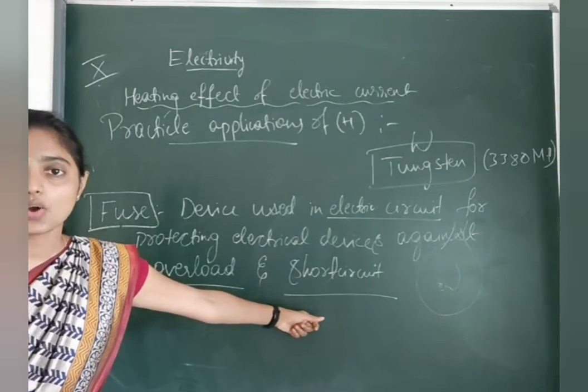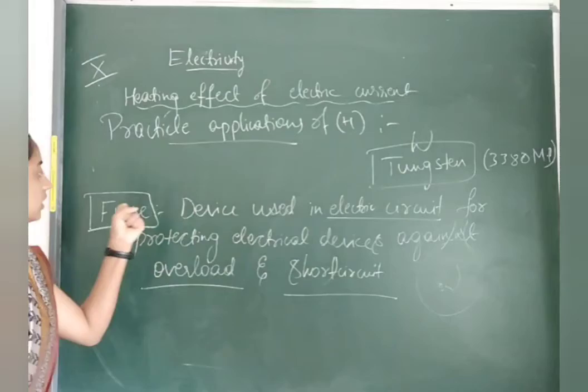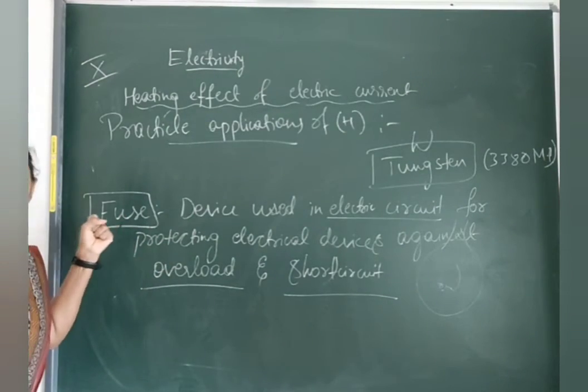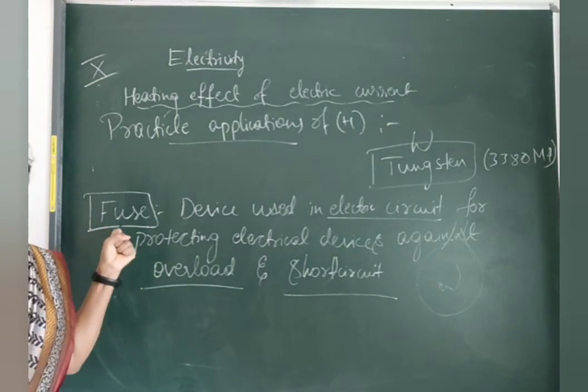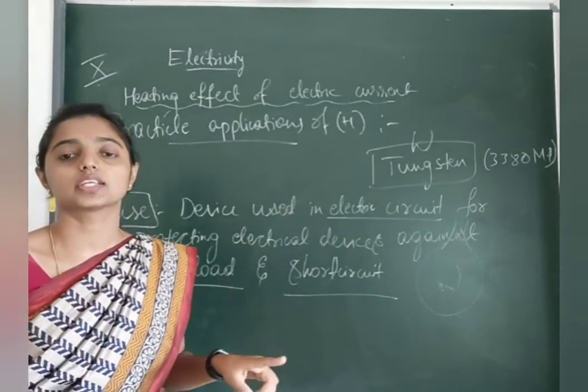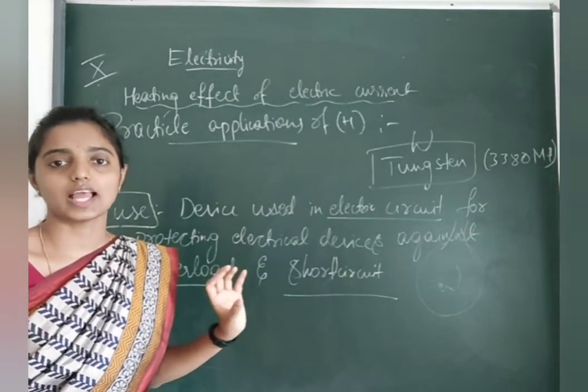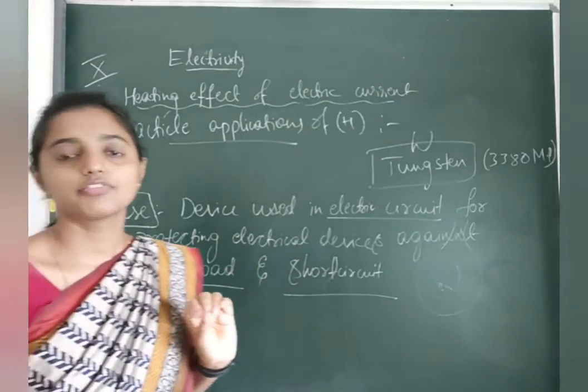So our next topic will be overload, short circuit, and the properties of fuse, advantages and disadvantages of fuse. The same topic will also be recalled in our second chapter, that is magnetic effect. Here only I will do it in detail, and later we just glance at it. So what is a fuse?